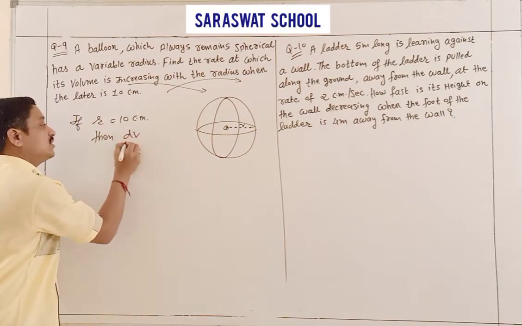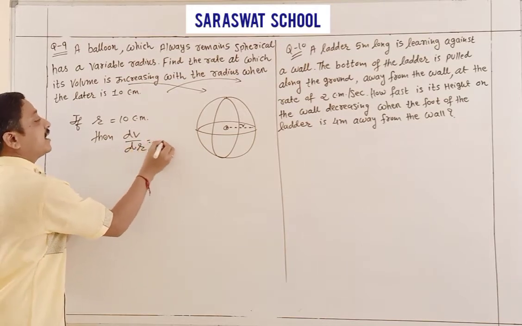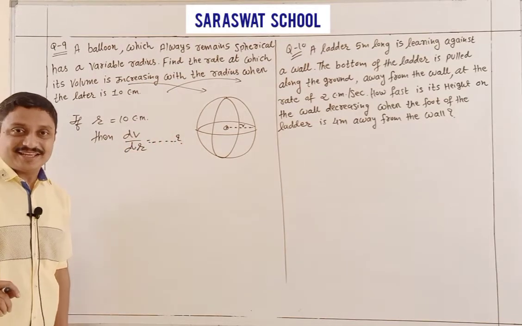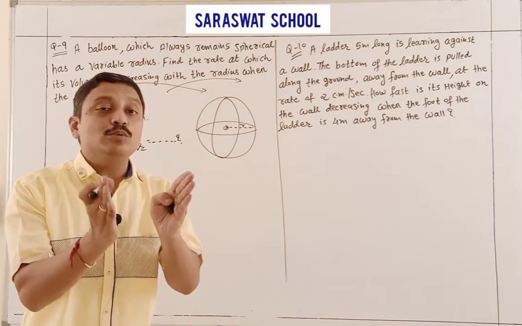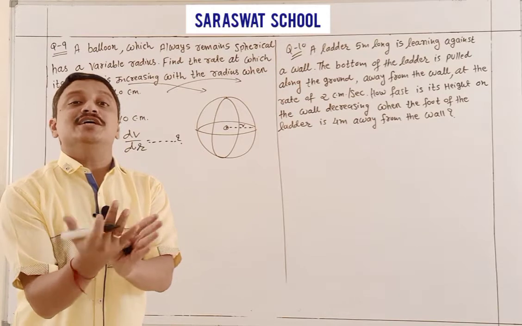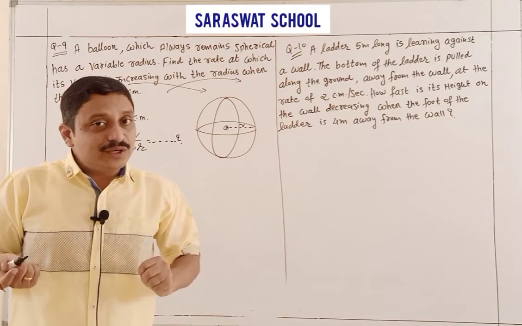So dV by dr is my target. Again I repeat, time is not given; the volume changes after changing the radius. If the radius is increased, definitely the volume is also increased.